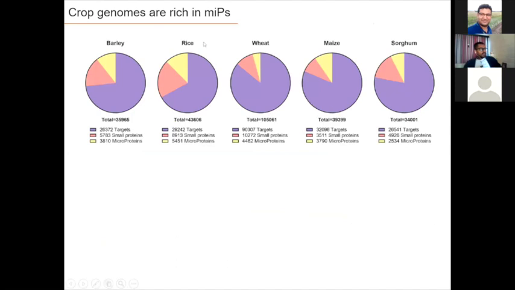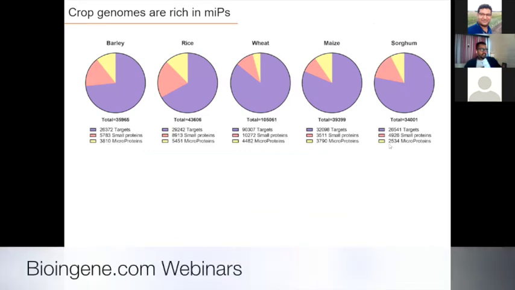So these crops we investigated are really rich in microproteins. We segregated information based on small proteins, those smaller than a certain size. And then using the new filters, we defined whether these small proteins are microproteins or not. And you can see all the information here.